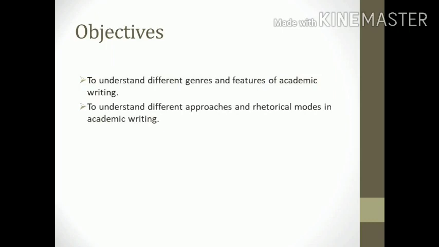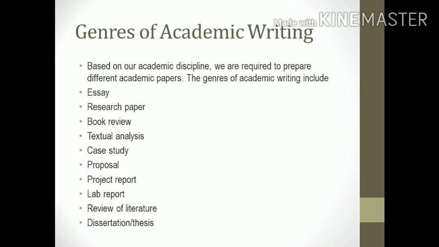You would also understand different approaches to academic writing like narrative, descriptive, and critical, and different rhetorical modes like narration, description, argumentation, etc. Based on our academic discipline, we are required to prepare different types of academic papers.